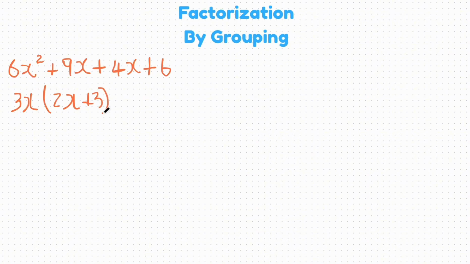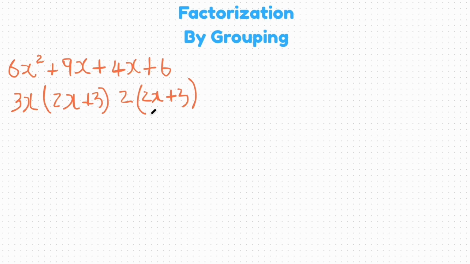Then we do the same for the last two terms. The HCF for 4x and 6, that would be 2, open our bracket, 4x divided by 2, that's 2x, positive 6 divided by 2, that's positive 3, close our bracket.